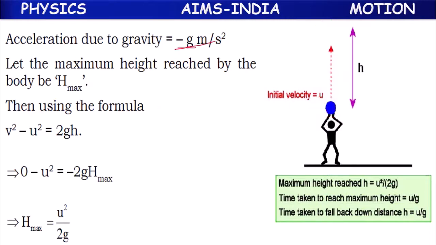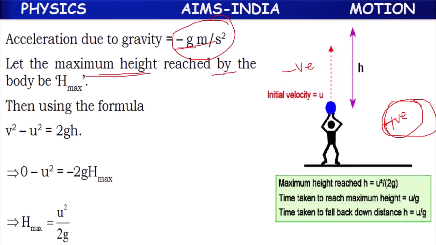Next, acceleration due to gravity. As we are going up, the earth's attraction force is acting downwards. So downward direction is taken as positive, and upward direction is taken as negative. So acceleration due to gravity will be minus g in this case. Let the maximum height reached by the body be h max.